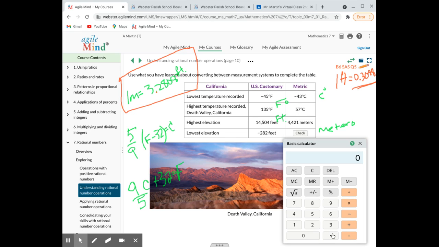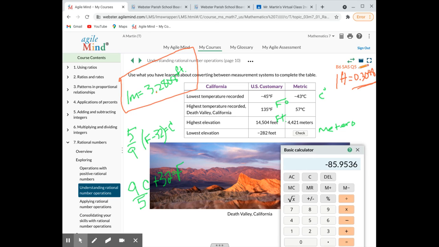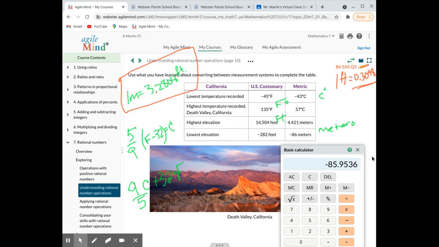So we got negative 282. Am I going to get a negative or positive answer? Negative. Yes. And what do we get? Negative 86 meters. All right. Do y'all agree or disagree? Agree. Perfect job. So that was question 5 in our workbook.